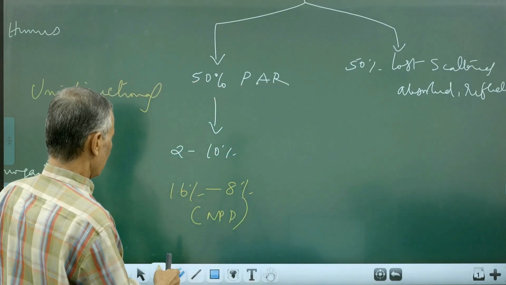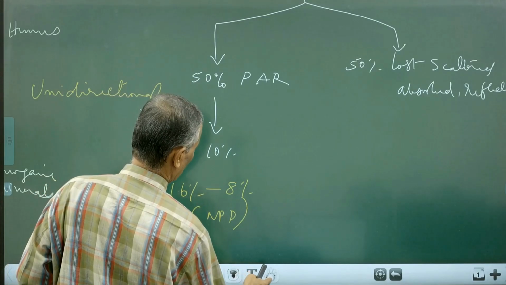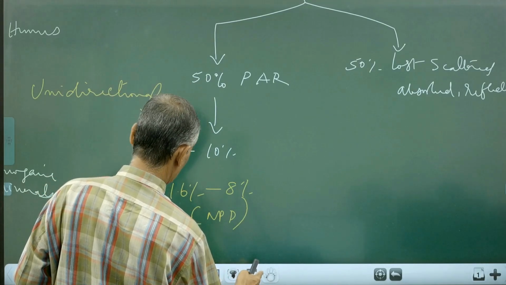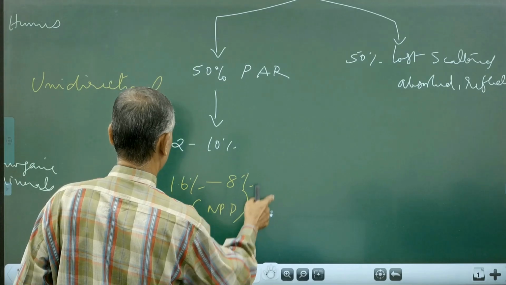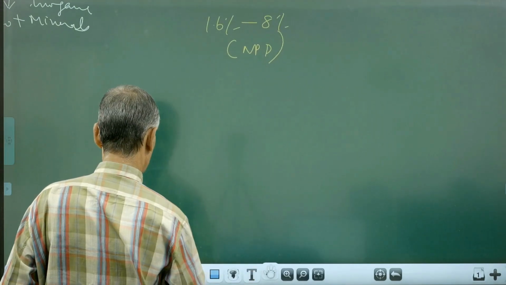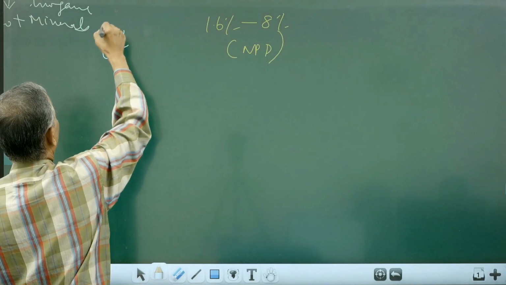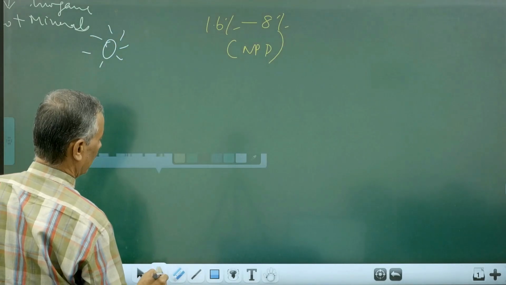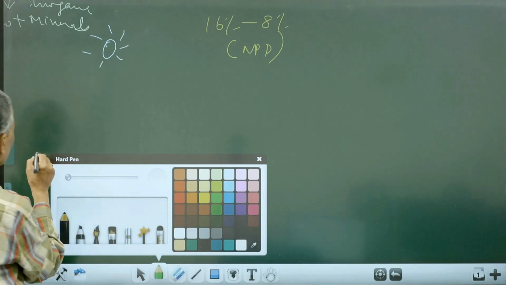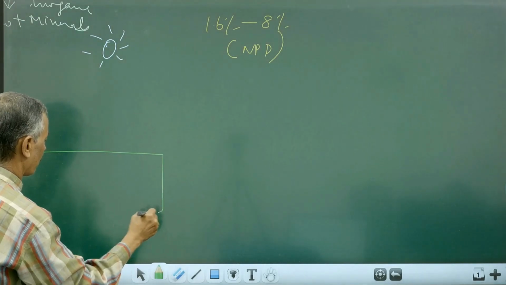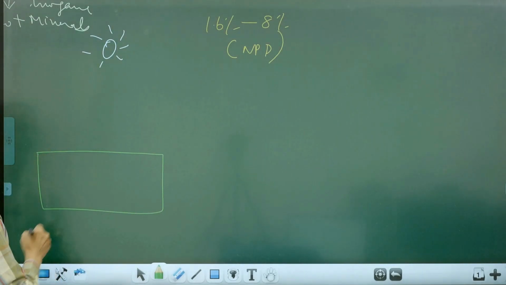Let us see what the nature of the energy flow is in detail. We have the energy from the sun, and plants are taking that energy.